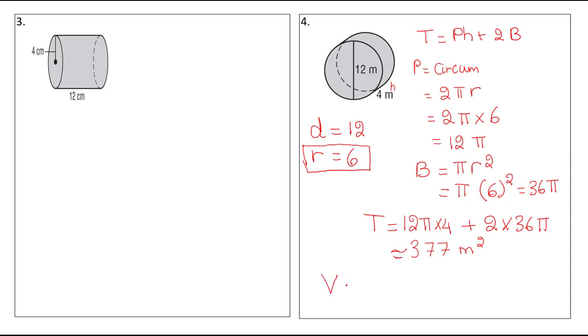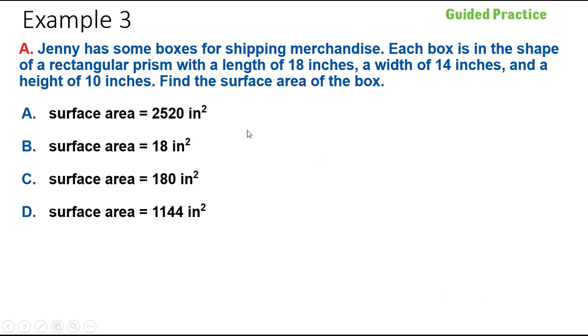Then the volume is equal to the area of the base times height. My area of the base is 36 pi multiplied by the height, which is 4. And this is equal to 452.4 meter cube.